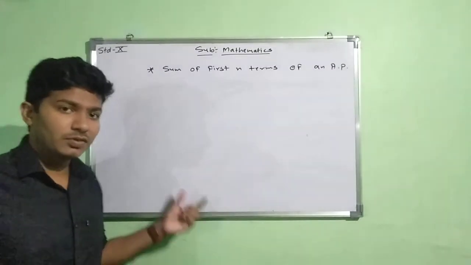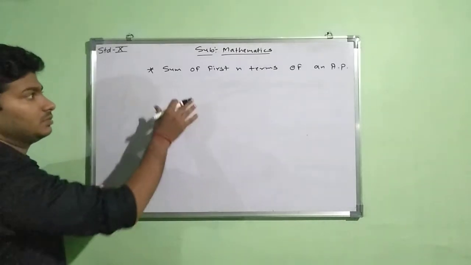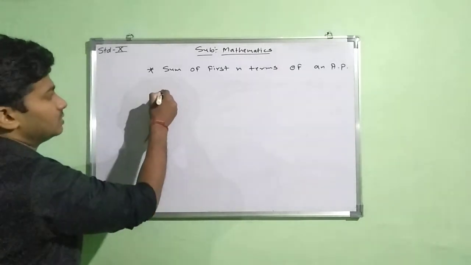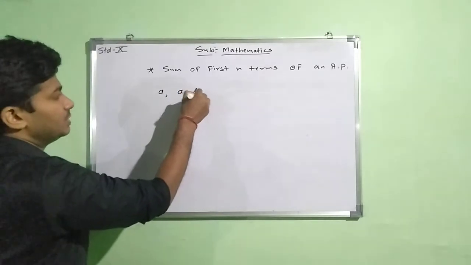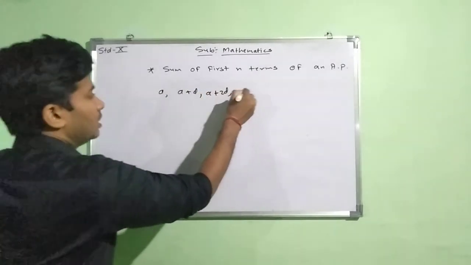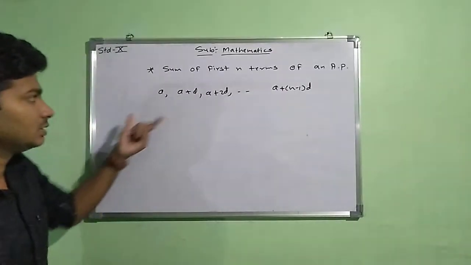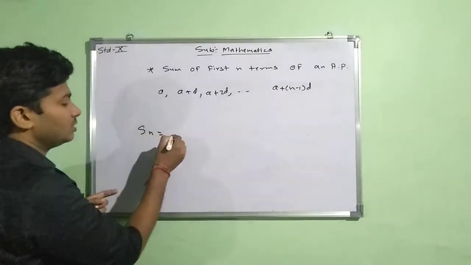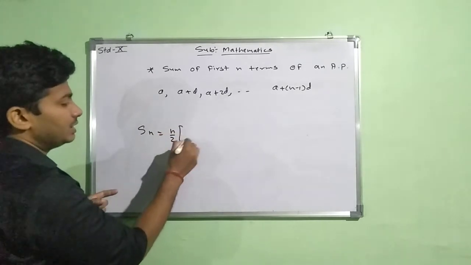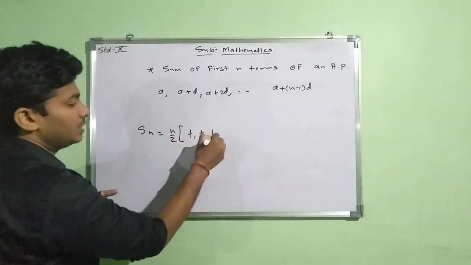Here we have one more formula to find the same sum, if you know the last term. Suppose this is our arithmetic progression: a, a plus d, a plus 2d and so on, up to a plus n minus 1 into d. Then Sn is equal to n by 2 inside the bracket t1 plus tn.